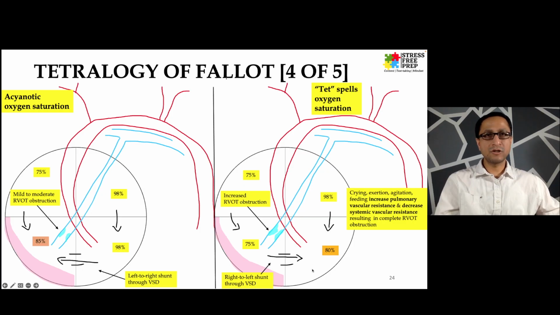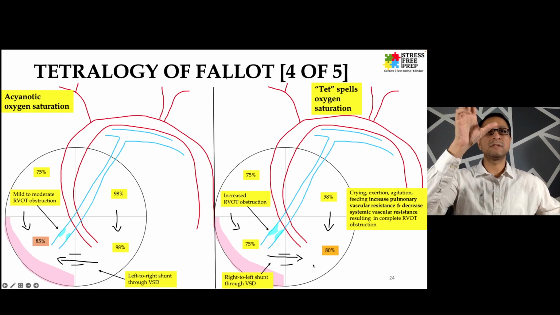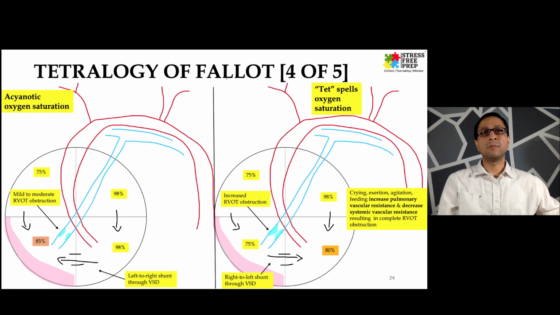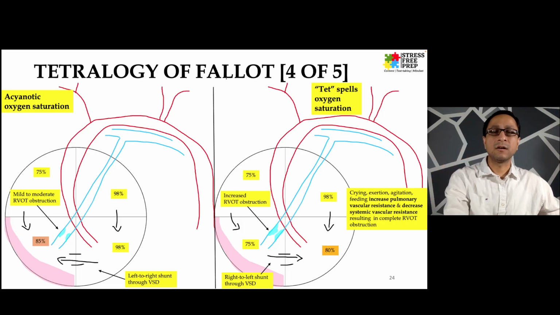So a lot of pressure in the left ventricle because of the systemic vasoconstriction pushes the blood back into the right ventricle, and then it goes past that obstruction into the lungs. It becomes oxygenated, and now it comes back to the left side and eventually goes back into the circulation, and that relieves the TET spells, or it relieves the cyanosis that the patient might be experiencing.